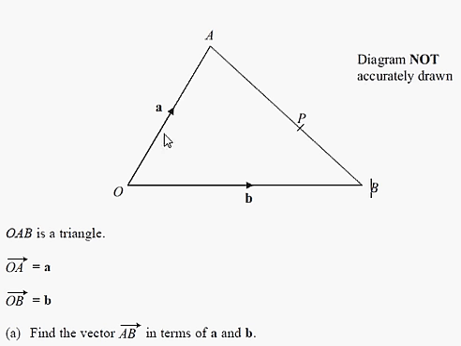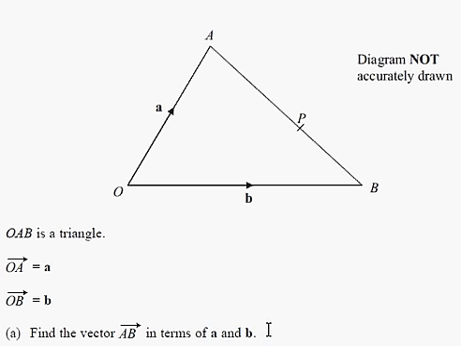So this line here is small a, the vector a, and this side of the triangle is small b, the vector b. We have to find the vector AB, between the vertices A and B, in terms of the vectors a and b.